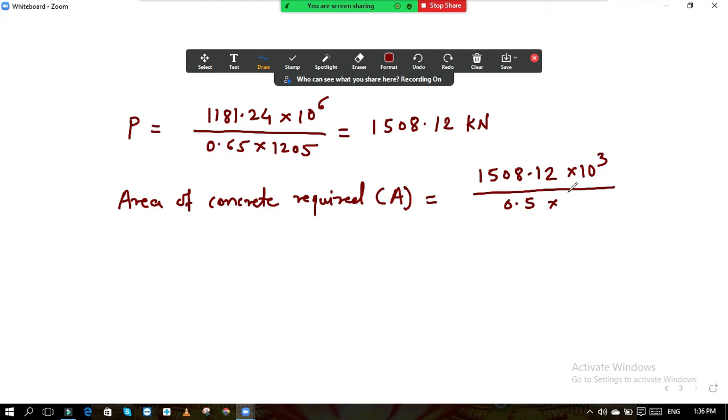So stress in concrete is 14, and we should consider the average stress, 0.5 into 14. Therefore area is equal to. So now what is the area?